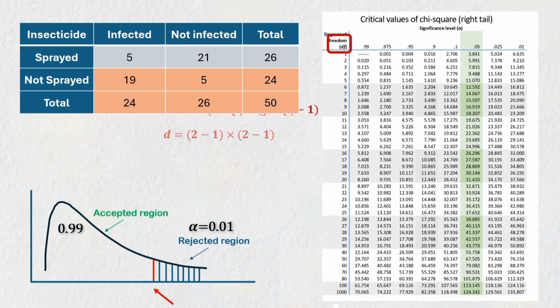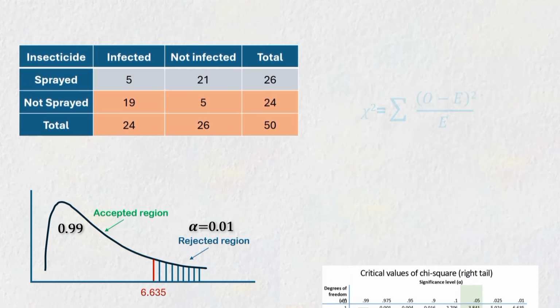So our degrees of freedom is 1. Since alpha equals 0.01, these two values meet at this value, which is 6.635. So our critical value is 6.635.